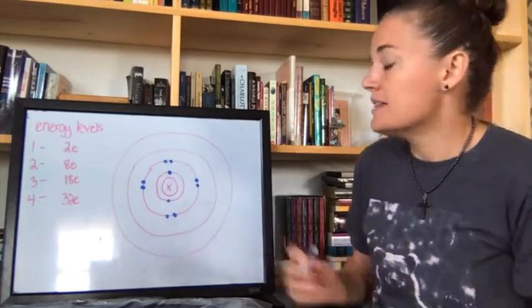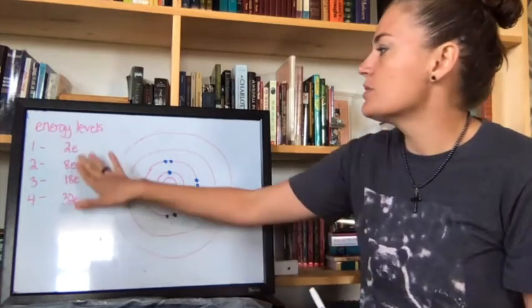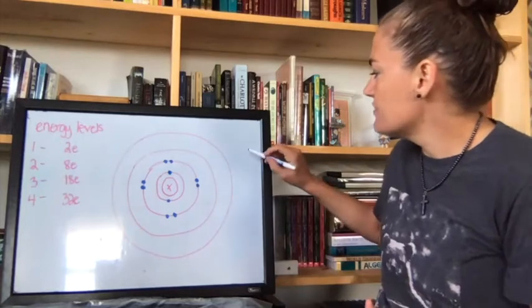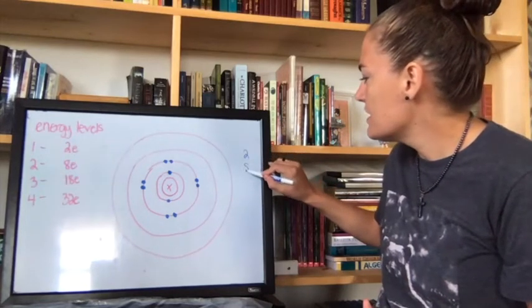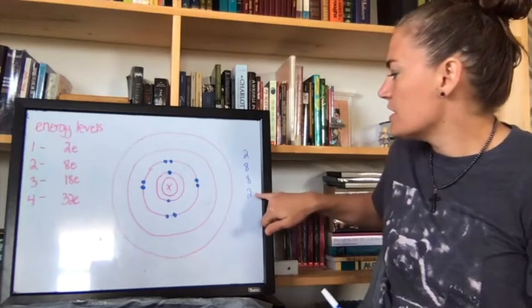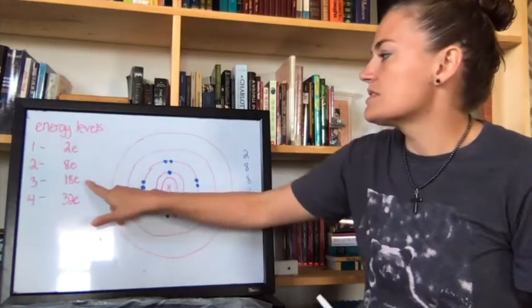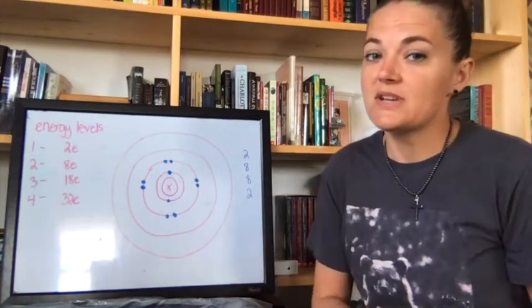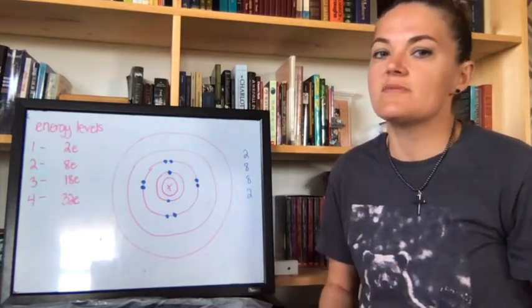Okay, now it gets a little trickier when we go to this next level because our energy levels actually fill 2, 8, 8, 2 before it goes back and fills the rest of 3. It has to have those 2. And you probably saw that on the video I had you watch, and if it was a little confusing, that's why.